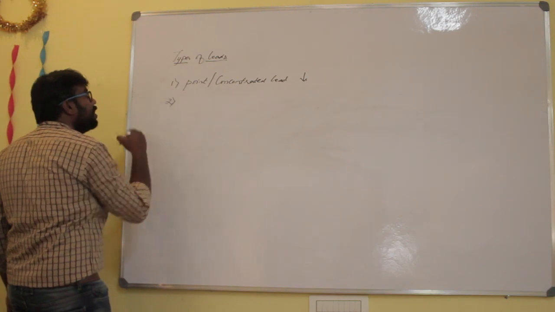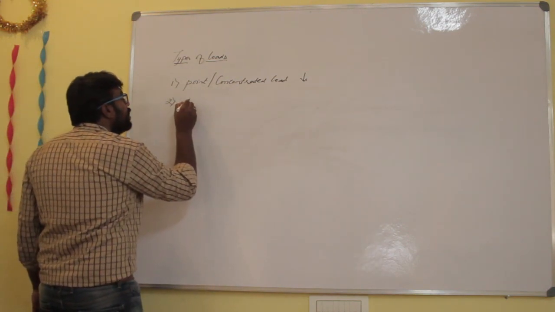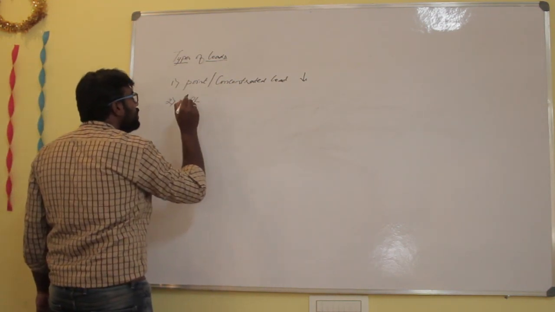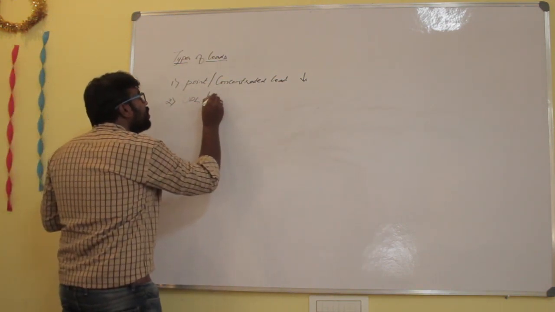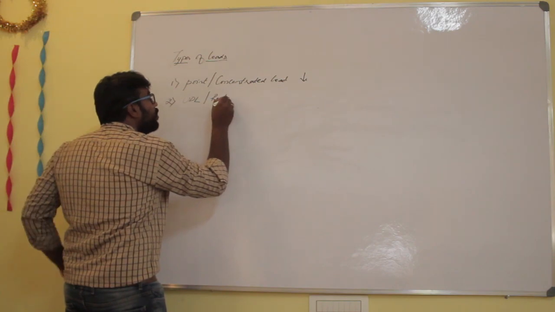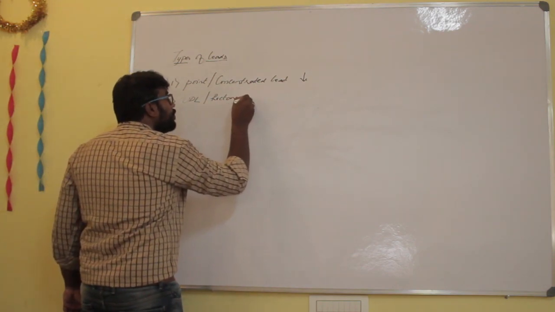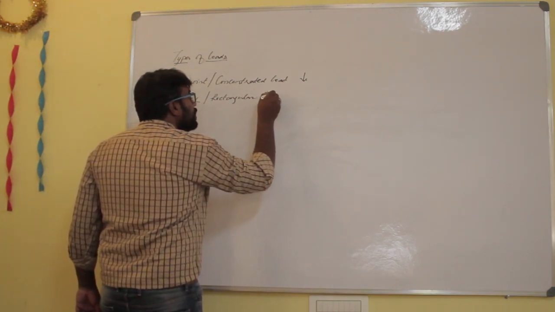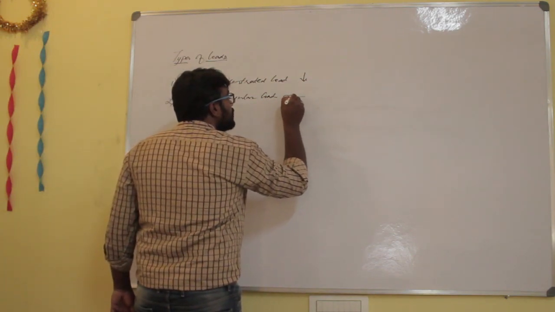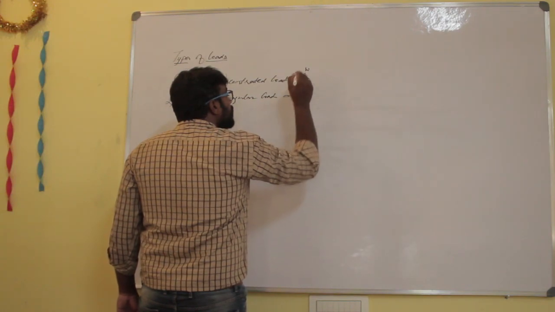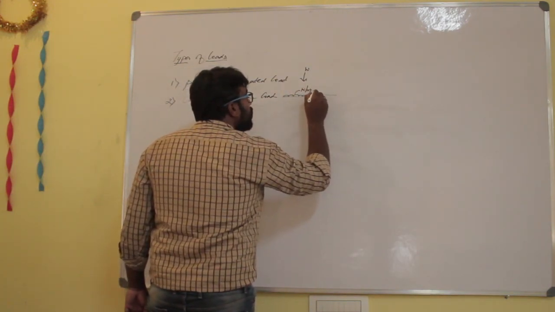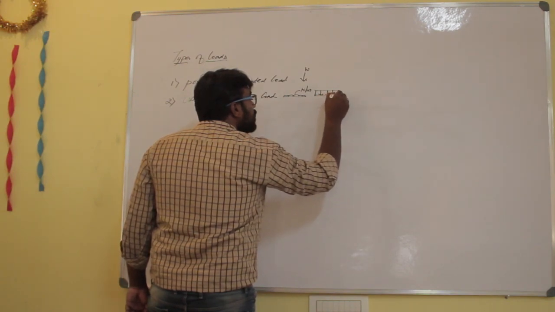Similarly, we have another load called UDL, uniformly distributed load, or also called a rectangular load. Generally, it is represented like this, or it can also be represented as a rectangular area.